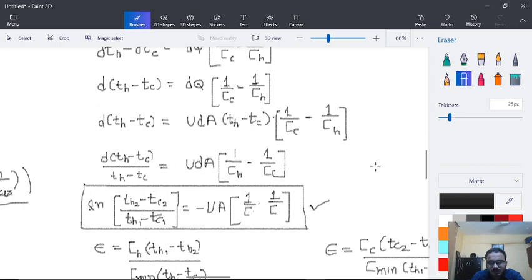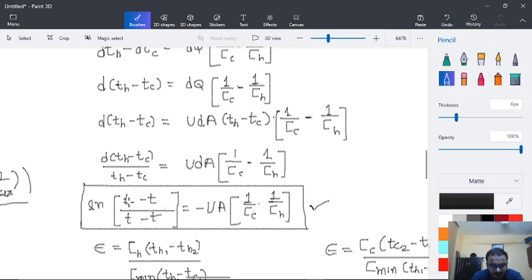Here also we will have minus Cc minus Ch. And the temperature limits will change because of the counter flow arrangement.